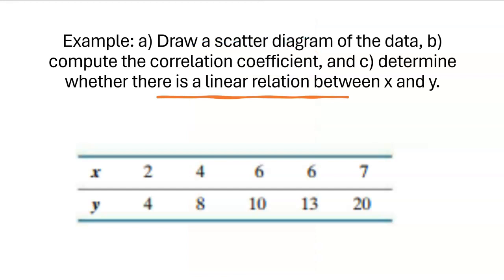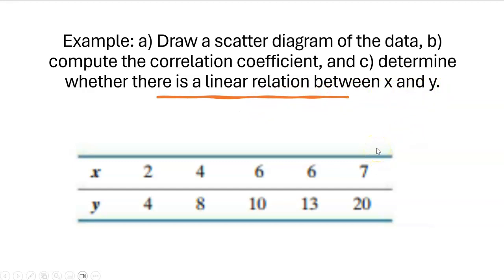So here's an example. What we want to do is draw a scatter diagram of the data. Then we want to compute the correlation coefficient, which I'm going to show you kind of semi how to do by hand, because I'm still going to use Excel, but I'm going to go through step by step. And then we're going to use the critical values to determine whether there is a linear relation between X and Y. All right.